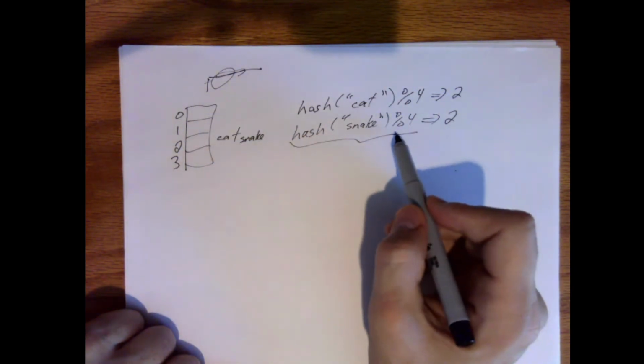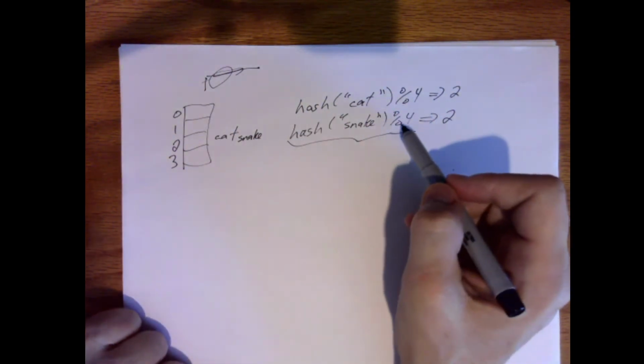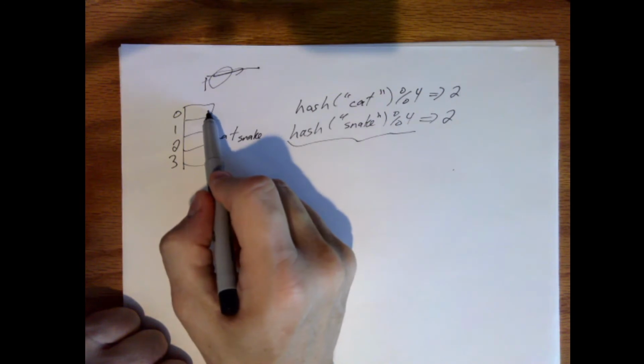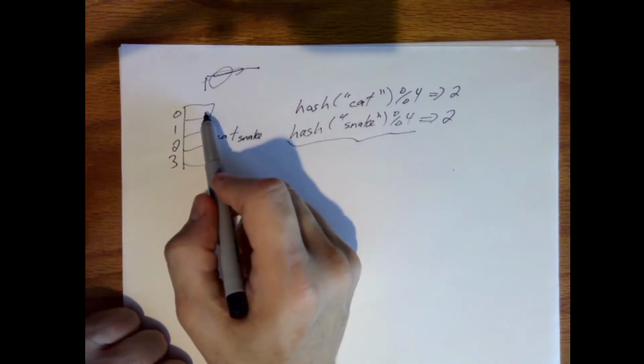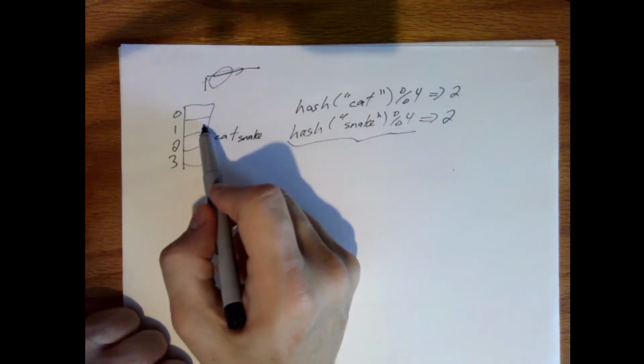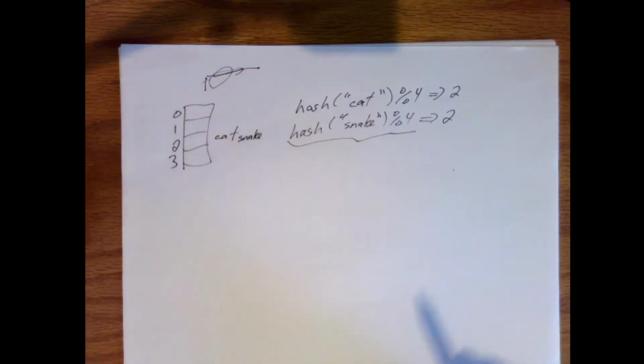And if we had 8, 4 divides evenly into 8, so that would give me 0, and 12 would give me 0, and so forth. So everything that's a multiple of 4 would hash to this position because of the modulus. Everything that's a multiple of 4 plus 1 would be here, multiple of 4 plus 2 would be here, multiple of 4 plus 3 would be here, and so forth. That's how they end up at the same spots.